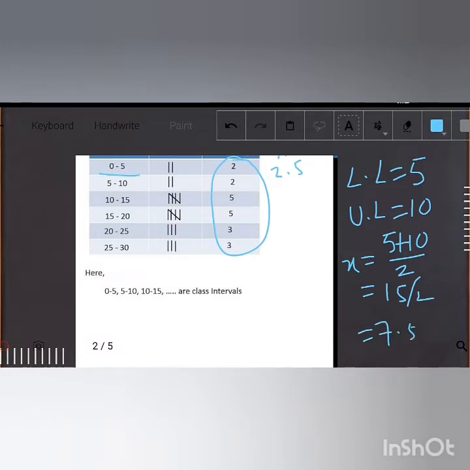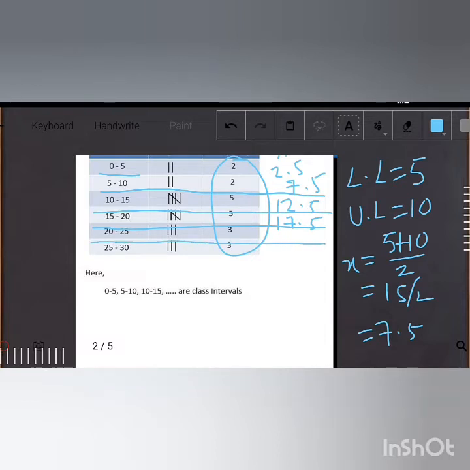So for the second one the mid value is 7.5. Similarly for the third one we get 12.5, next one we get 17.5, for the next one 22.5, and for the last one 27.5.